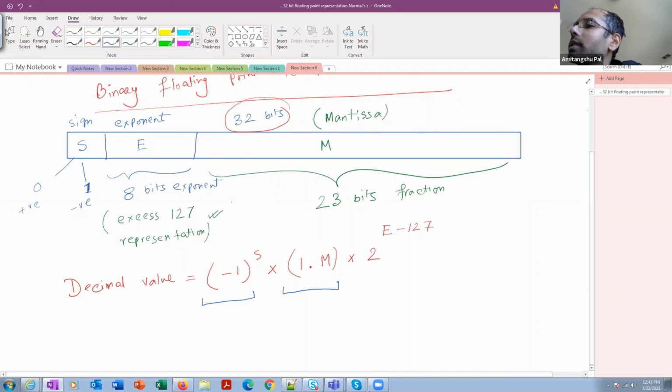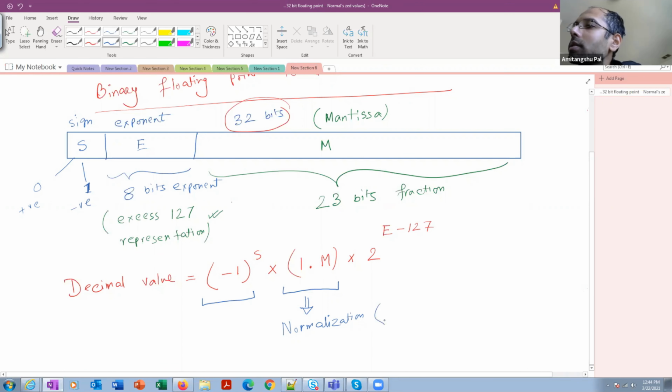Next, come to this part. This part represents the fractional part. All right. Here I am writing 1.m. Here I am basically going to use the concept of normalization. So instead of writing 0.m or 0 point fractional part, I am writing 1.m.